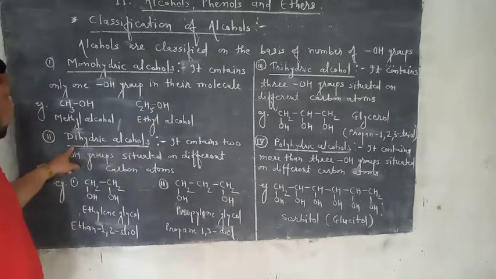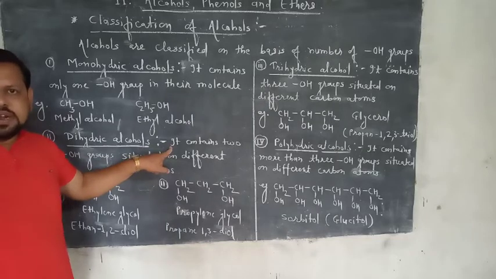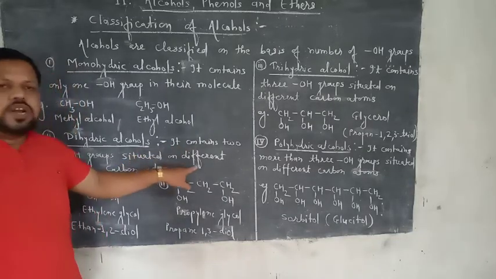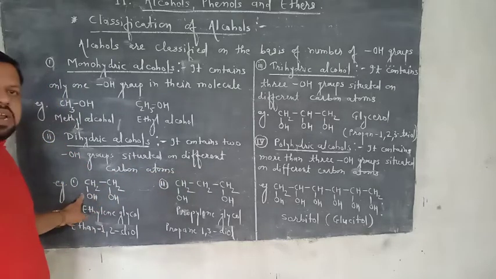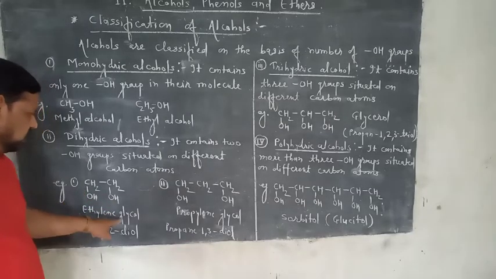Then second is dihydric alcohols. Dihydric alcohols contain two hydroxyl groups situated on different carbon atoms. For example, ethylene glycol, CH2OH, CH2OH.